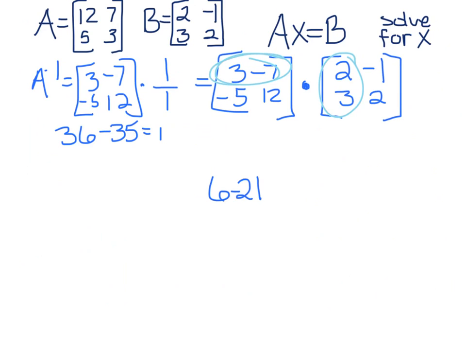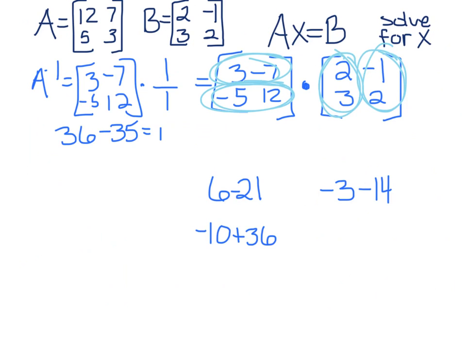We'll go across and down. 3 times -1 is -3, plus -7 times 2 would be -14. Bottom left, across and down, -5 times 2 is -10, plus 12 times 3 is 36. And bottom right, -5 times -1 is 5, plus 12 times 2 is 24.